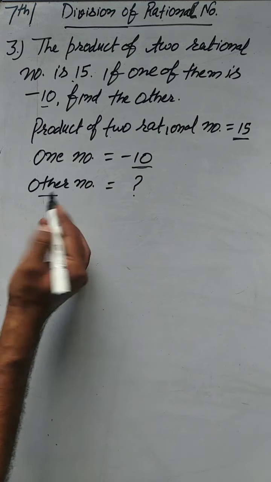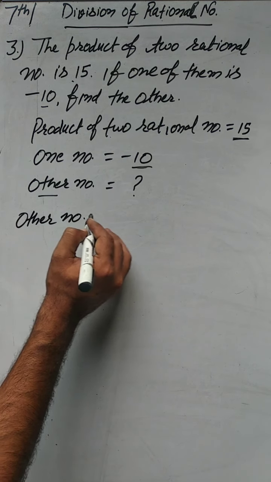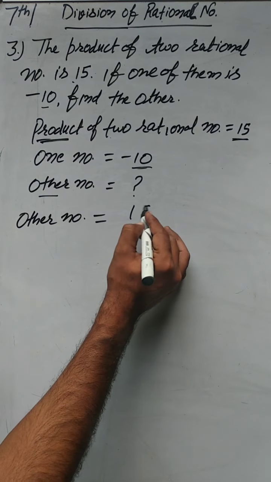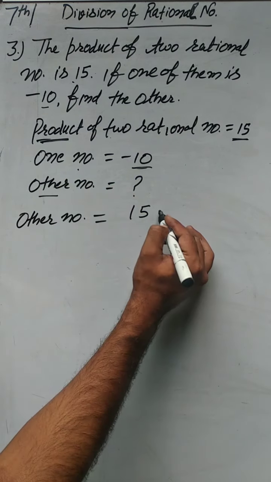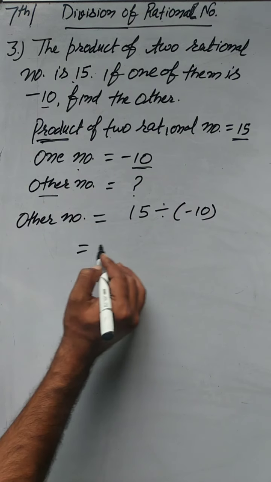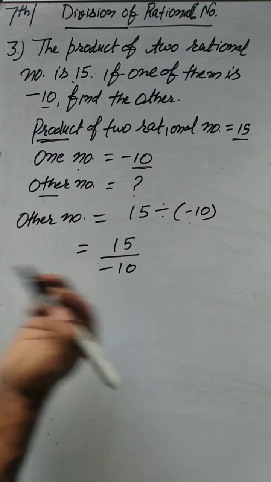We have to find the other number. Then beta, clearly the other number will be the product of the two numbers, 15, divided by the one given number. It became 15 divided by minus 10.